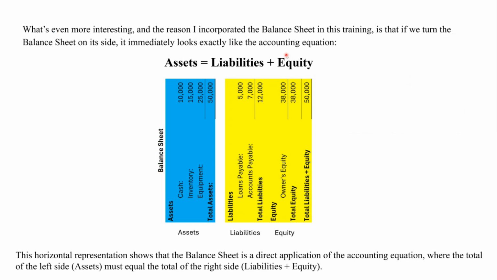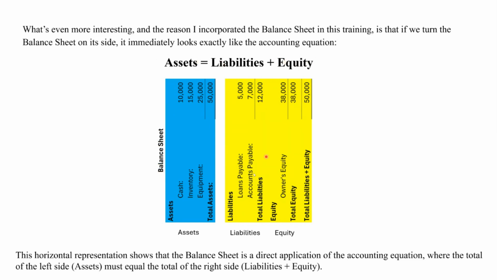What is the reason for me to bring up a balance sheet in this training? Because if we turn the balance sheet on its side, the same picture you saw before, the 50 equals 50, and we put the accounting equation on top, you see that it's completely a reflection. The balance sheet on its side is the reflection of assets equals liabilities plus equity.